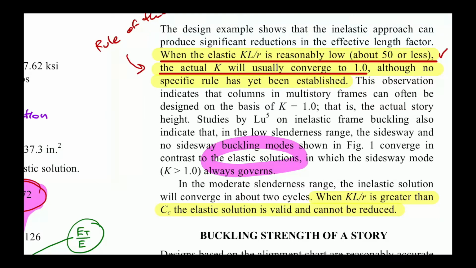If you are a fan of overly conservative design, just use it. But if you have already overstrengthened the column because of that overly conservative design, then you can come back and check with this one. Your column might still be okay if you check using this framework.